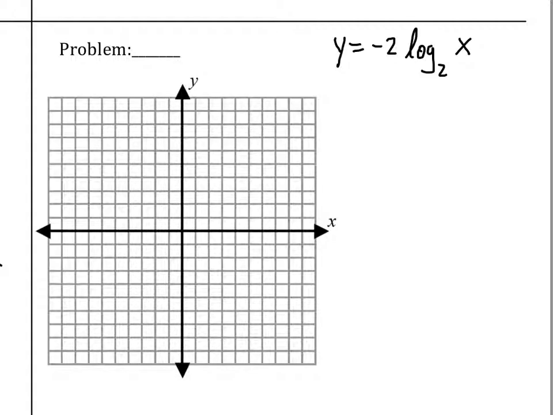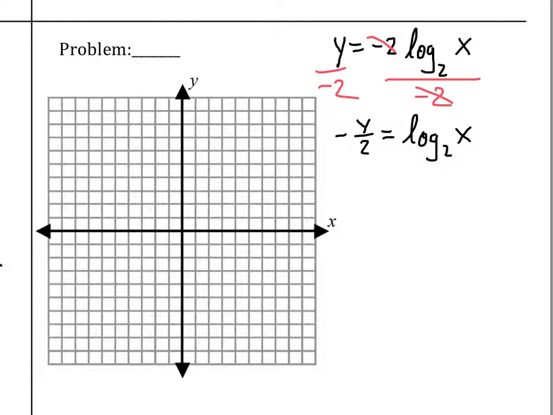Well, again, just like the previous problem, we've got to get rid of that negative 2 out in front in order for us to be able to rewrite it in exponential form. So I would have to divide everything by negative 2. So it's negative 2 times log base 2 of x, divided away. I now get negative y halves, negative y divided by 2, equals log base 2 of x.